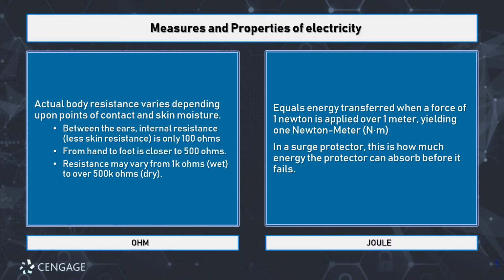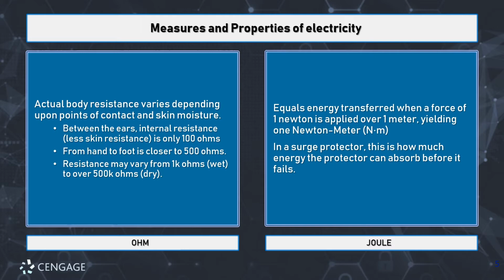You're actually in a bit of a better situation than you would be in most other cases because, other than the fact that water has impurities in it and you generally don't bathe in distilled water, most of the salt, dirt, and other suspended materials that would be highly conductive have been removed. Now, because you are wet, you are going to have a higher level of conductivity than you would be dry, but most of the surface salt and things like that have been washed away. So again, it's all conditional.